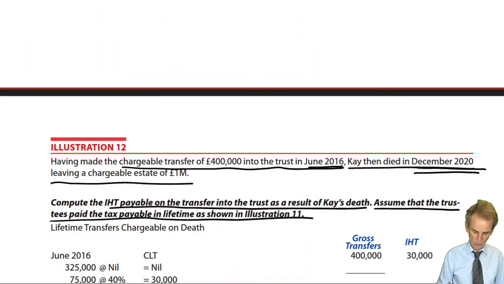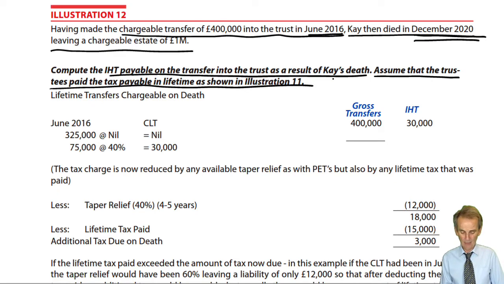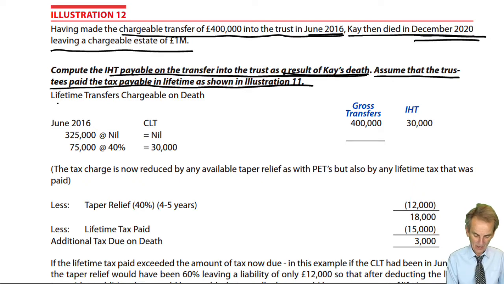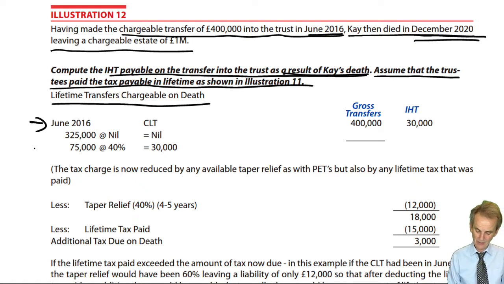We're now dealing with, on death, what is the tax payable as a result of the death of the taxpayer, as a result of Kay's death. Lifetime transfers chargeable on death. Now here there's no PETs, there's just this single CLT. Was it within the 7 years before the date of death? Yes, the date of death was December 20.